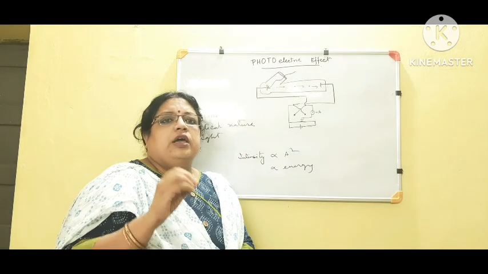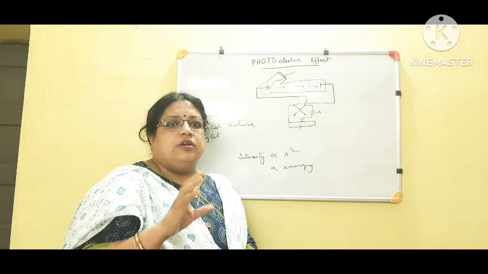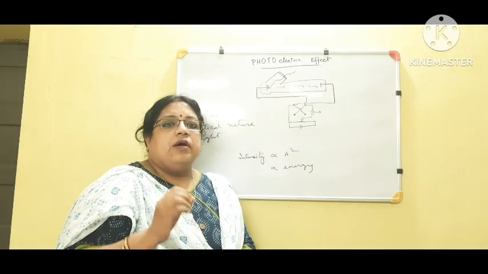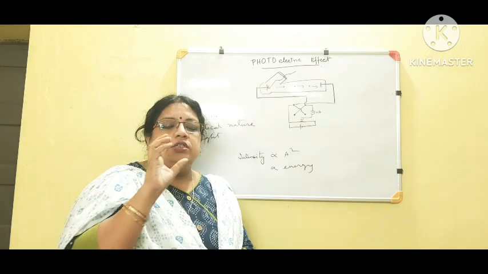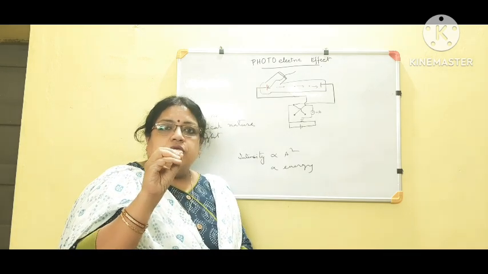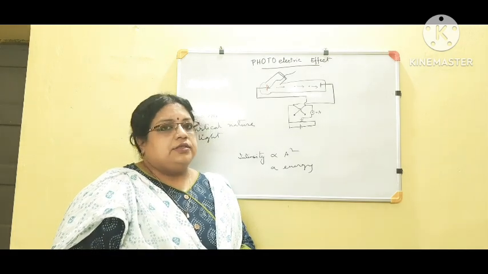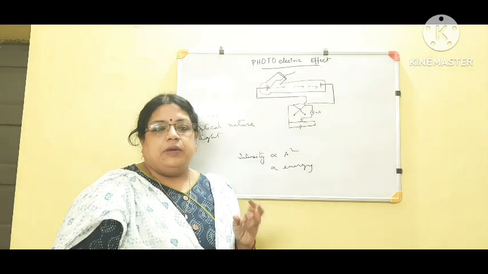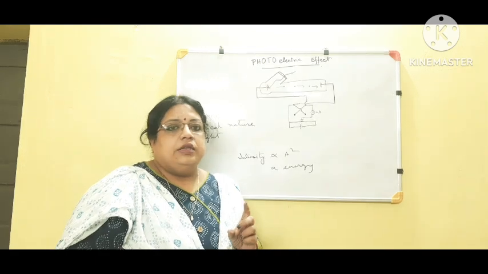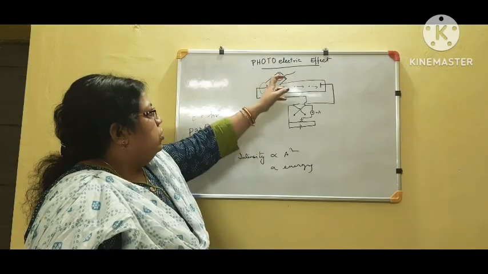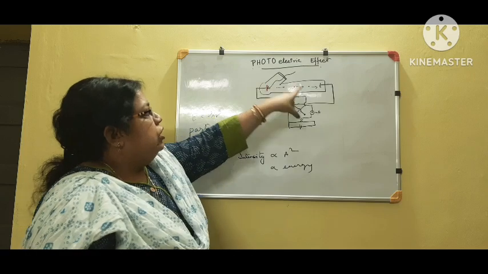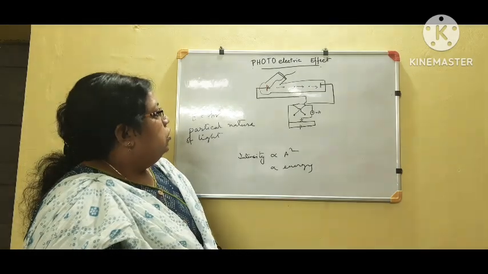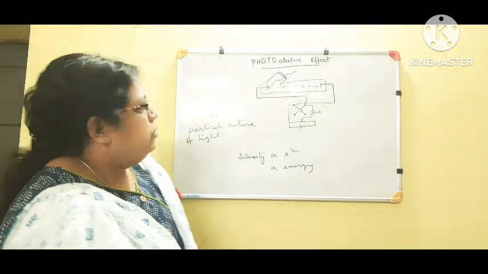According to Einstein's theory, any radiation's energy comes out in the form of photons. A photon is a massless, chargeless particle. Energy comes in the form of a bundle of particles, and this bundle of photons collides with the electron of suitable frequency.